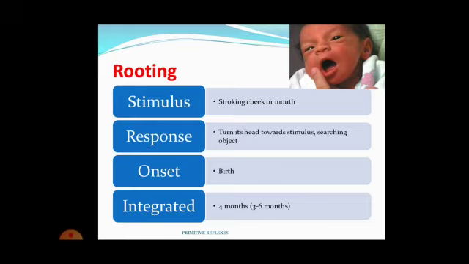Why is this type of reflex there? It is to find the nipple and it will be helpful for breastfeeding. Many times it is nature's gift to the child that even if the nipple is not in the mouth of the child, the child will search for it.